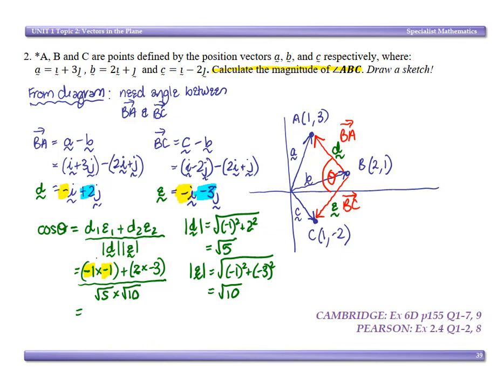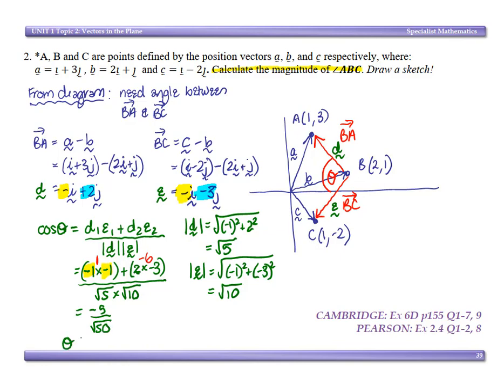So negative 1 times negative 1 is 1. 2 times negative 3 is negative 6. 1 take 6 is negative 5. So negative 5, and the square root of 5 times the square root of 10 is the square root of 50.